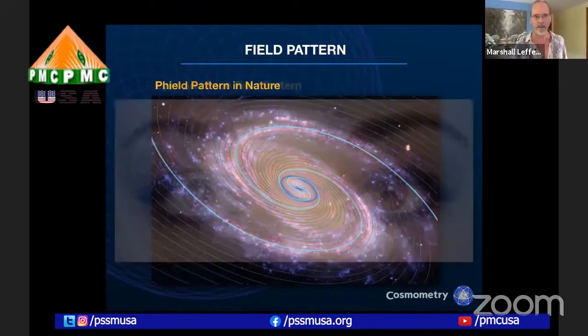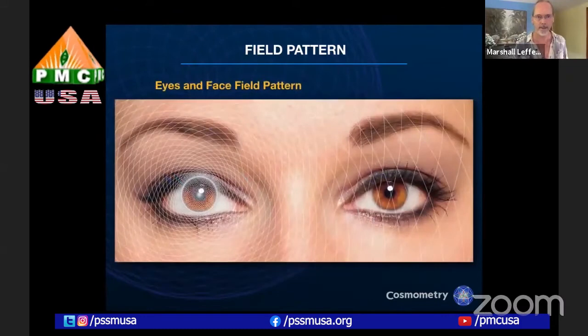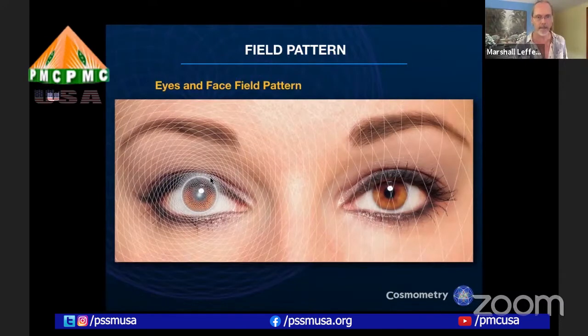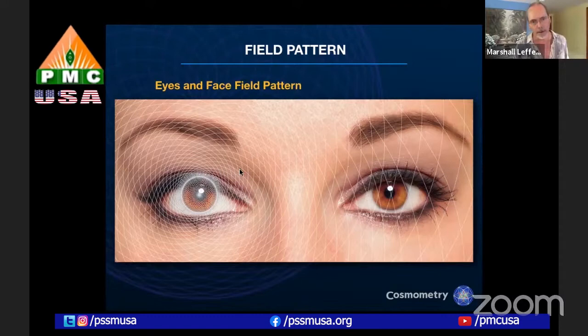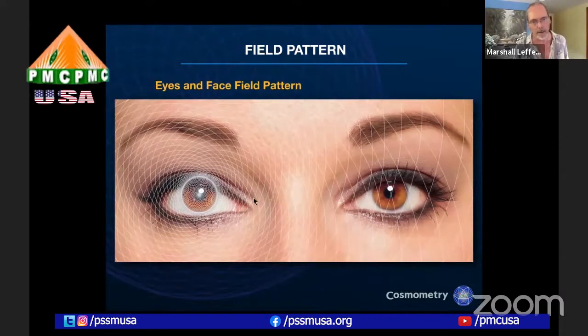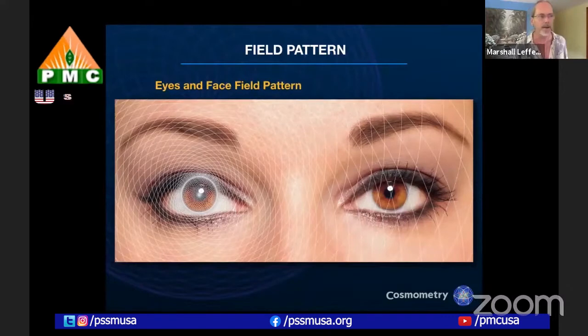And here's one of my favorites. I just find this so fascinating, taking that boundary condition and putting it over the iris of the eye and looking at the double spiral field pattern. You can see how beautiful the contours are of the nose and of the eyebrow and of the eyelids here, how well it's coordinated with this field pattern.